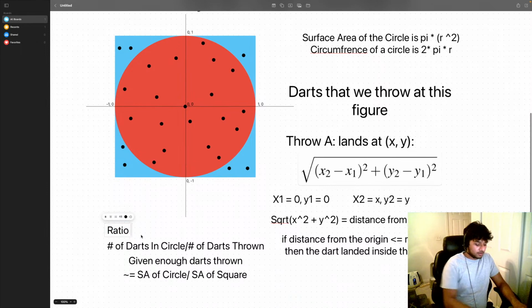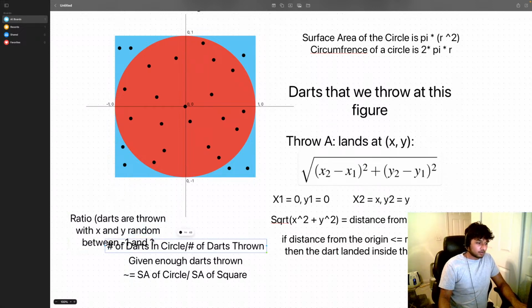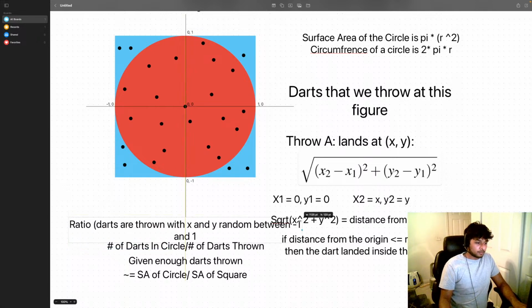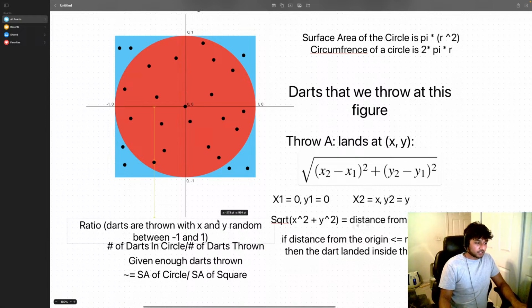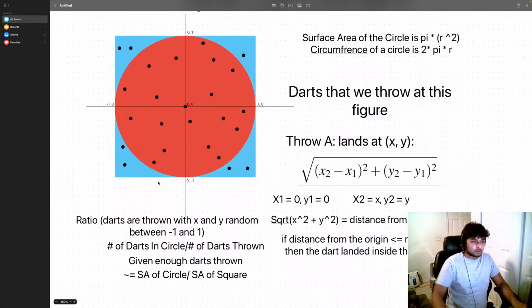Given darts are thrown with x and y random between -1 and 1. So that's essentially where we're going with this estimation of pi, if y'all are following.